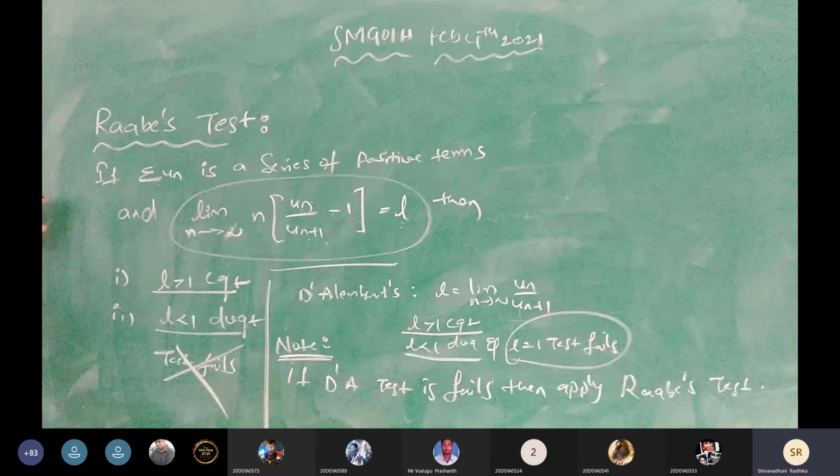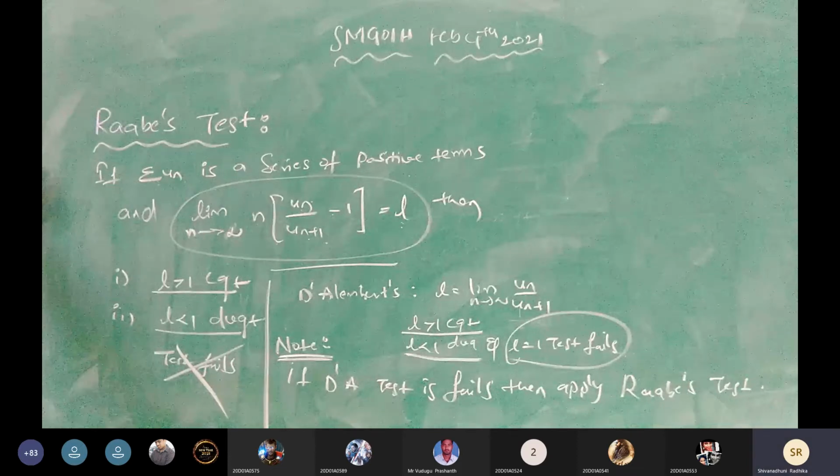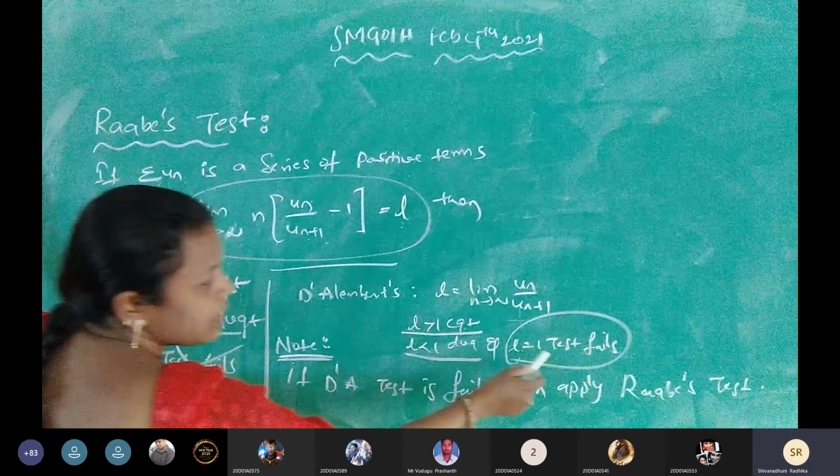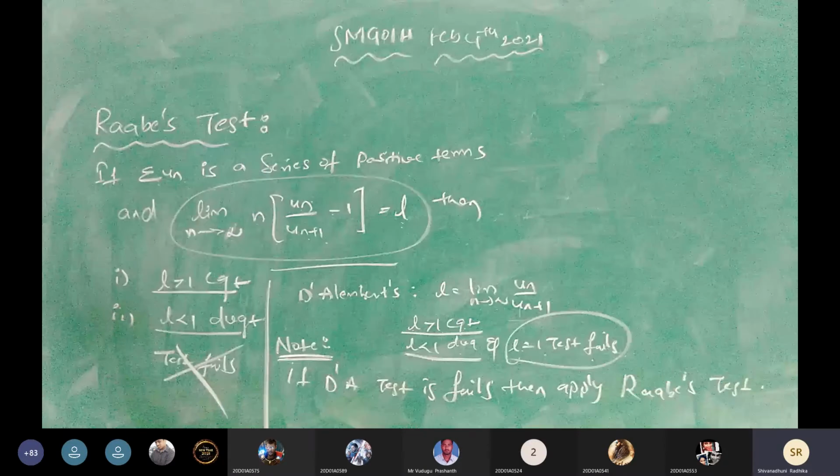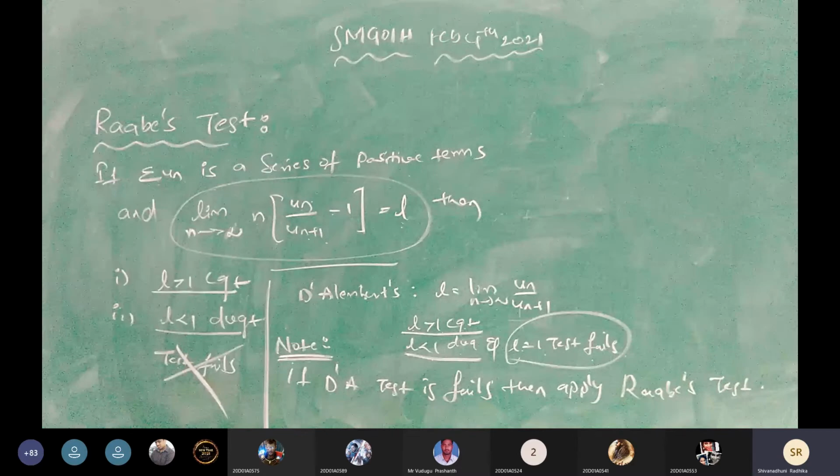When we are going to apply Rabe's test, the D'Alembert test fails, then we go for Rabe's test. What is the D'Alembert test ratio? L greater than 1 convergent, L less than 1 divergent, L equals 1 test fails. What is L here? Limit n tends to infinity of un by un plus 1. For both Rabe's and D'Alembert's, the fraction part is the same: un by un plus 1. Don't change the fraction part.